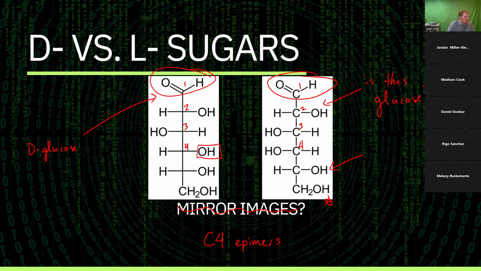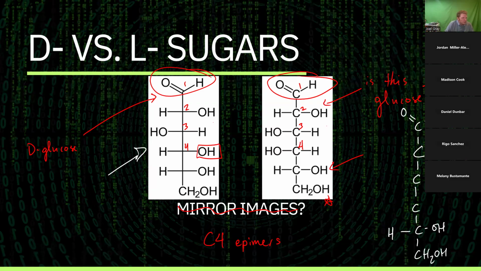Now, I'm going to draw another structure. I'm going to use a white pen, and I want you to tell me, how is this sugar related to glucose? So your comparison is to this right here. I've got 1, 2, 3, OH, 4, 5, 6. And let's build this out. So this is a D-aldohexose.